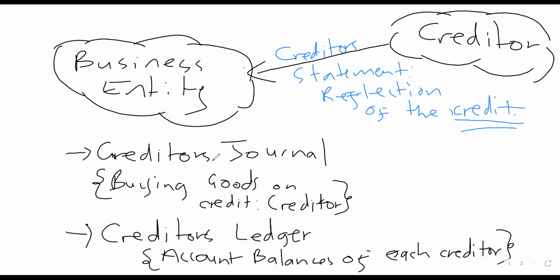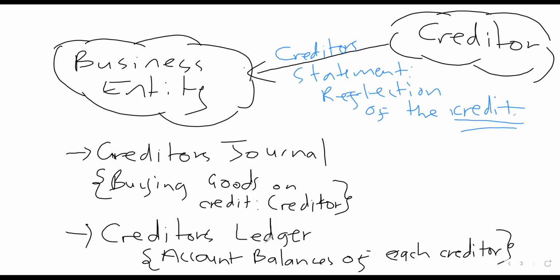Whenever we are buying from the creditor, we have to record the transaction of our purchasing from the creditor. We have to record it somewhere, and that record is kept in what we call a creditor's journal. In the creditor's journal, that's where you've got your purchases journal, and all that. So this is basically to record transactions where we are buying goods on credit from the creditor. That's your creditor's journal.